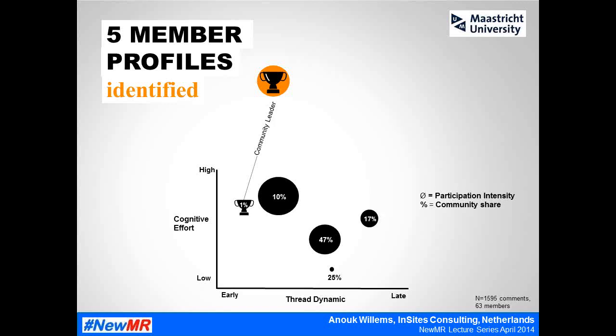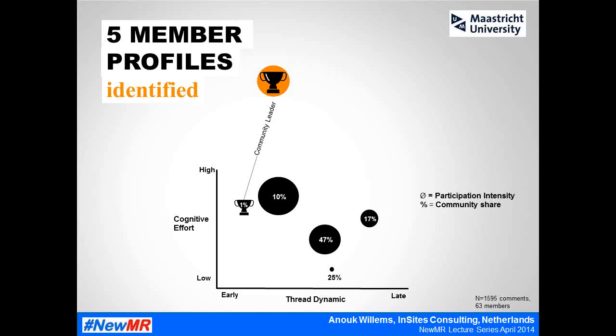Secondly, cognitive efforts. This is the ability of a member in terms of reasoning within a post, and we coded this one with a content analysis. And the third variable is the thread dynamic, so the flow of information from early to the late moments within a thread.